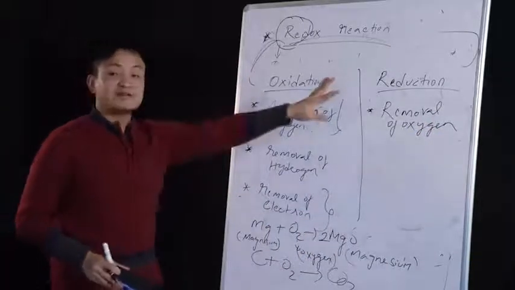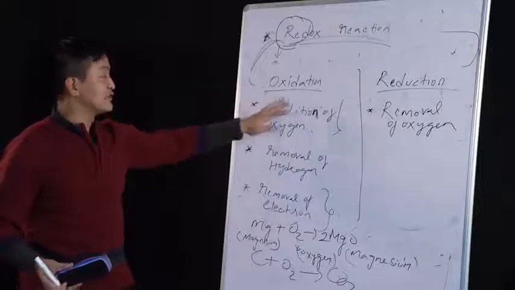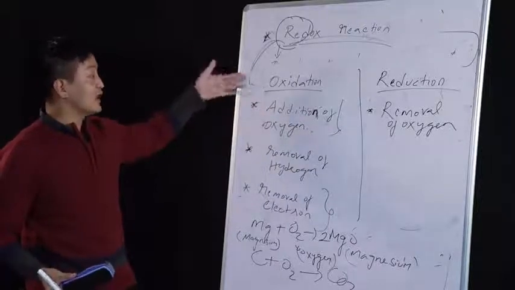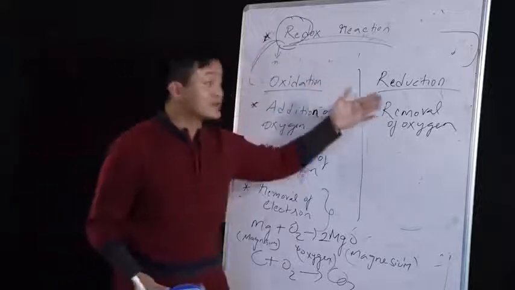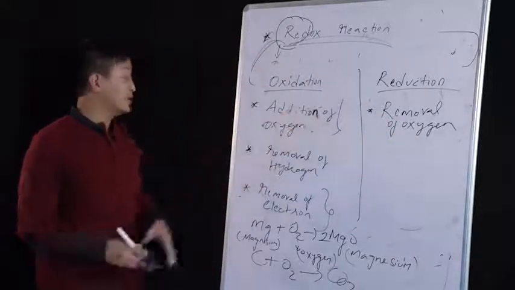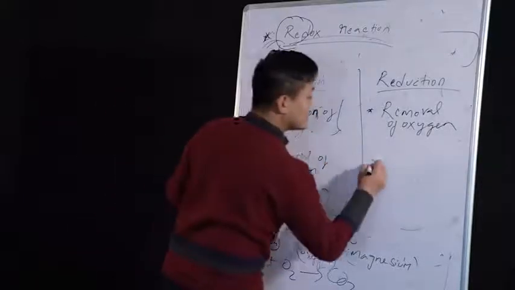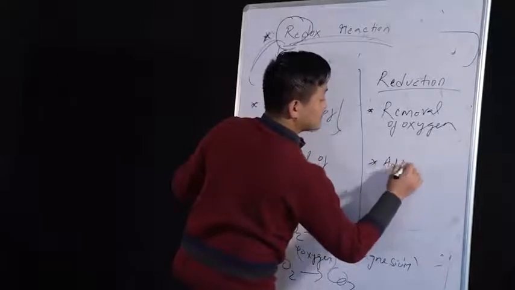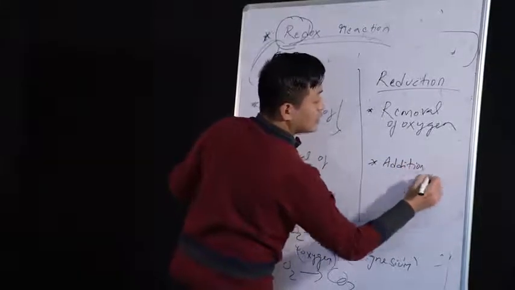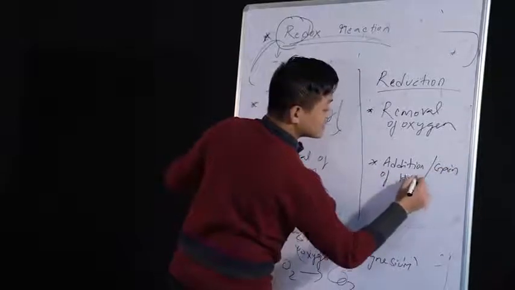See, oxidation and reduction, they are opposite. So the first point, addition of oxygen under oxidation. For reduction, it will be removal of oxygen. Addition, removal. Now here there is a removal of hydrogen, so it will be an addition or gain of hydrogen.